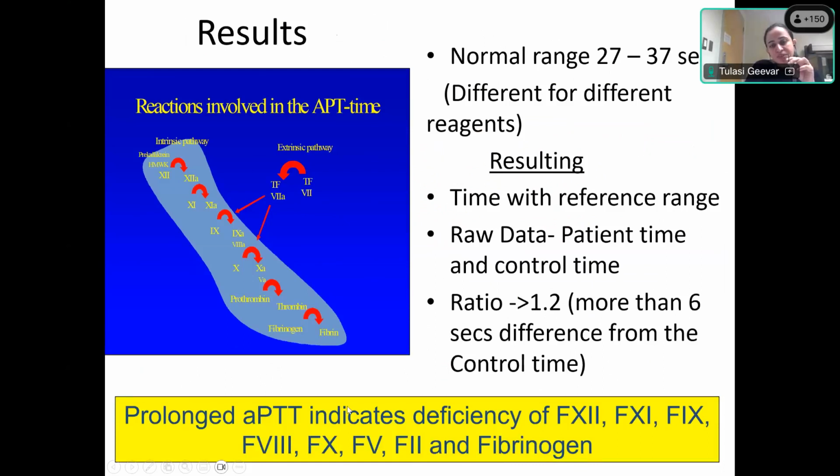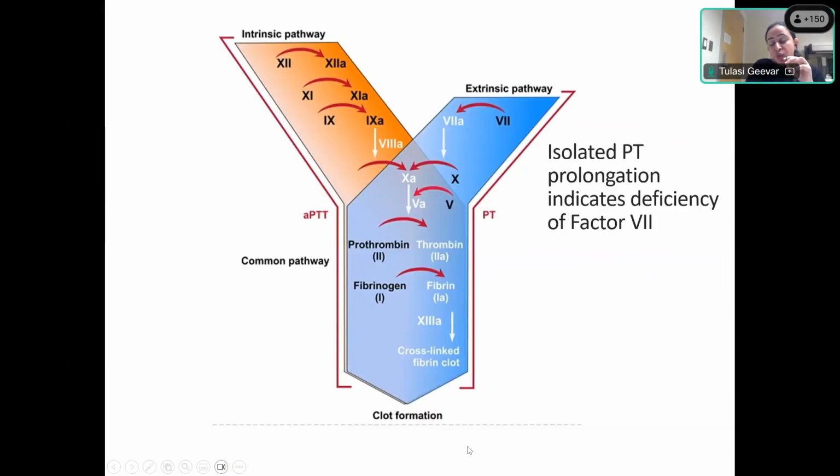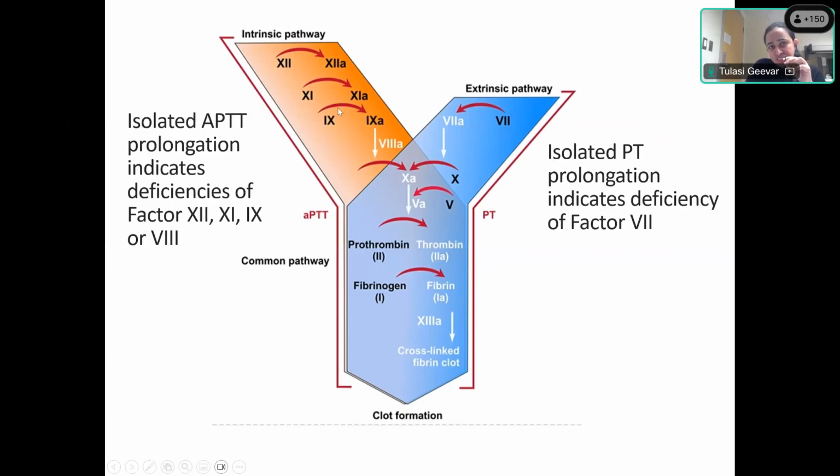So a prolonged APTT indicates deficiency of factor 12, 11, 9, 8, 10, 5, 2, and fibrinogen. An isolated prolongation of PT indicates deficiency of factor 7. Isolated prolongation of APTT indicates deficiency of factor 12, 11, 9, and 8.